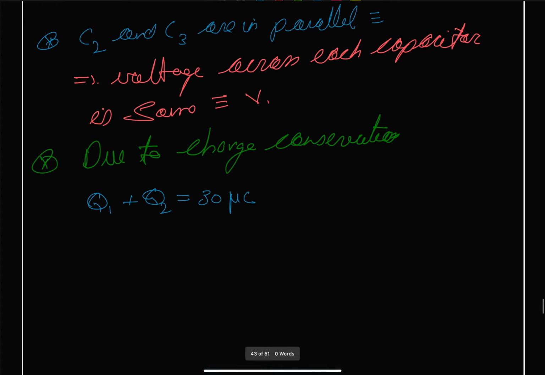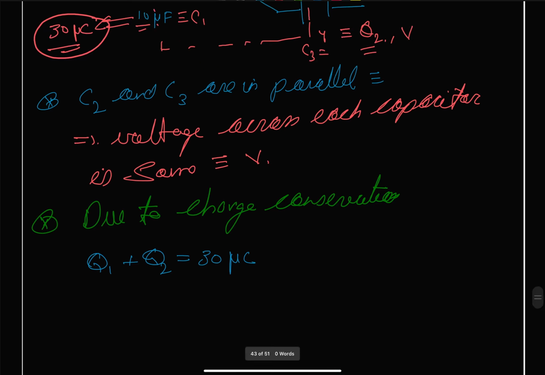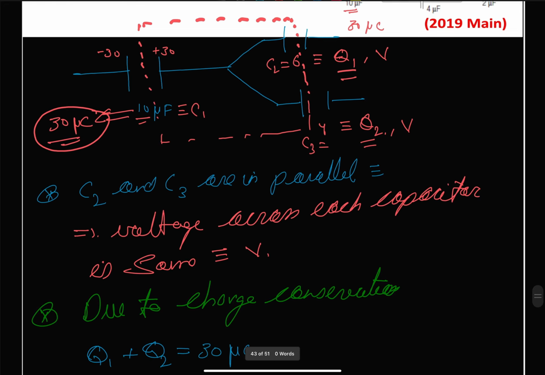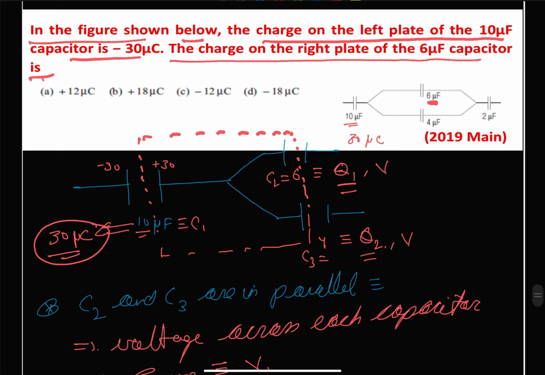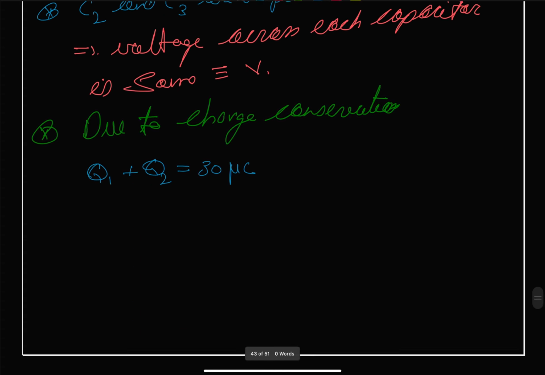Or in simpler terms, we can also say that if they are in parallel, they are equivalent, let us call this equivalent C, and we can just draw the equivalent circuit.